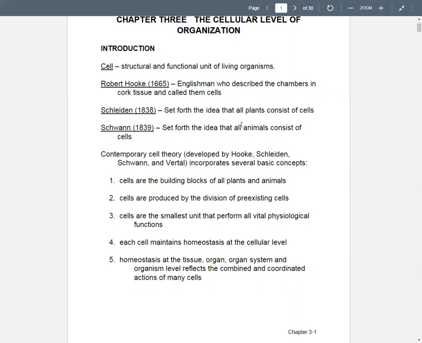What's homeostasis? You might remember: balance, equilibrium. Cells need to be in equilibrium. Fifth, homeostasis at the tissue level, the organ level, organ system level, and the organism level reflects the combined as well as coordinated actions of cells working together. The levels build on each other.